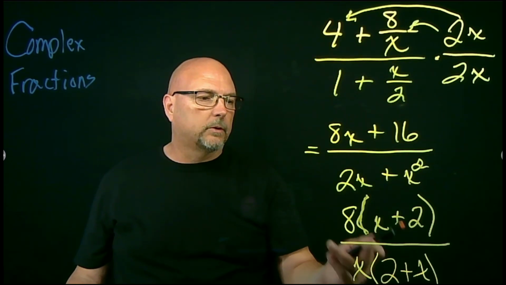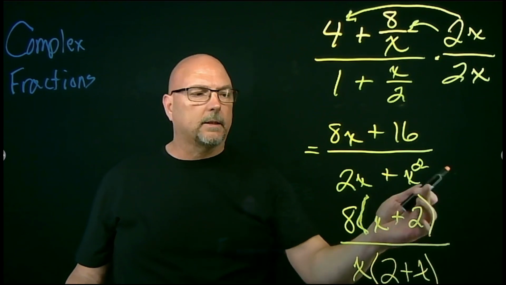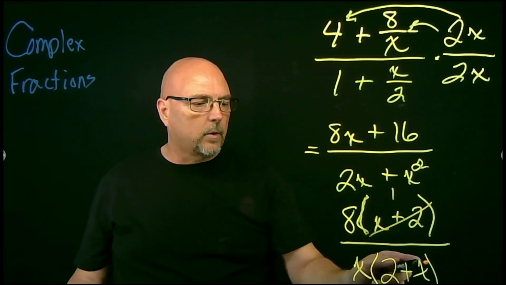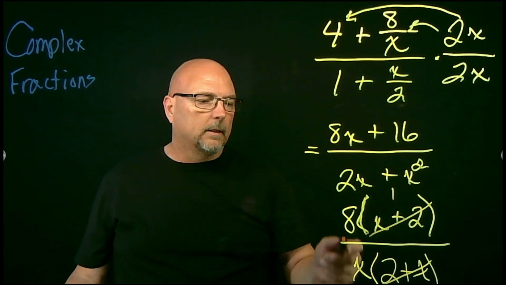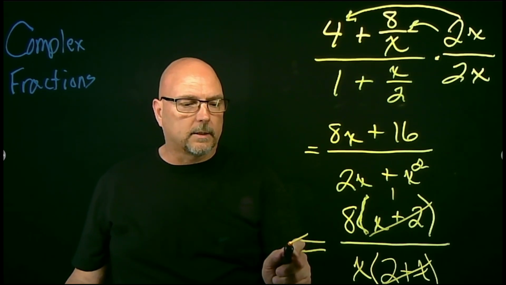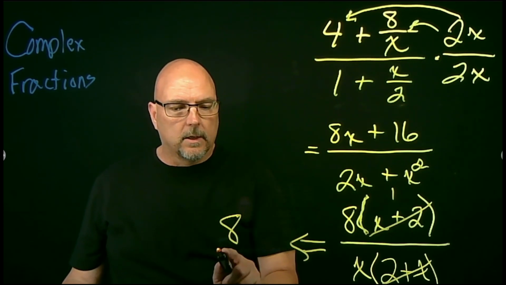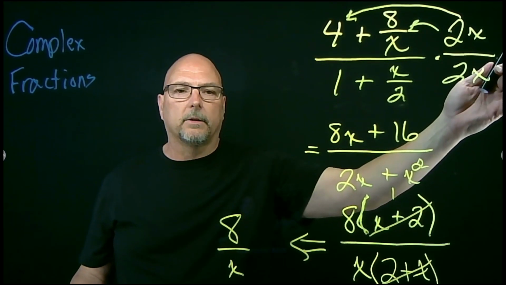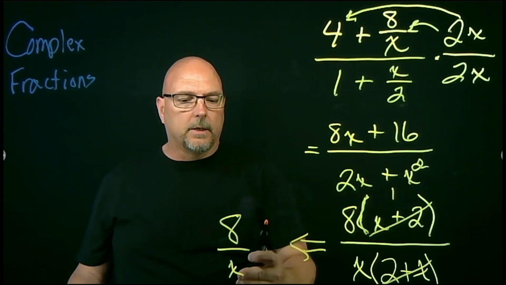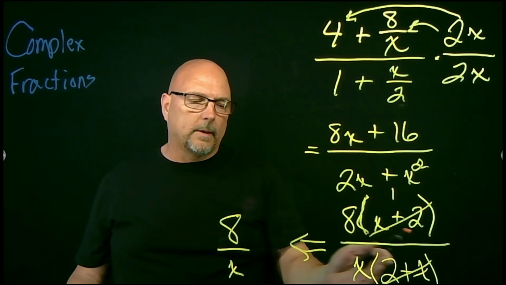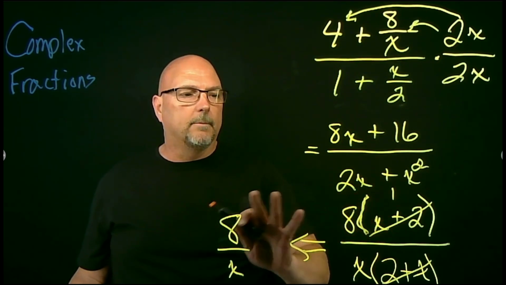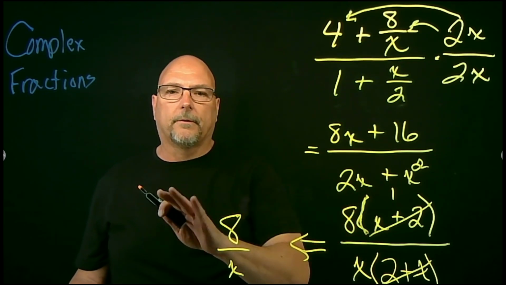So x times 2 is 2x, and x times x, that was the x squared. So these two things are going to cancel again, leaving us with just 8 over x. So you'll notice with this second technique using the LCM, you're going to get there in a little bit fewer steps. So for that reason, a lot of people prefer method number 2 to the first method.